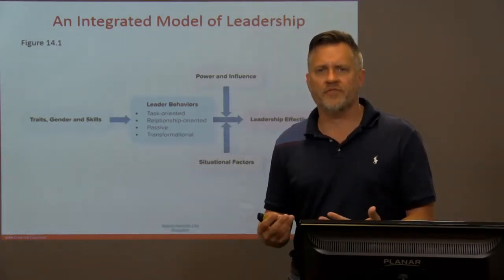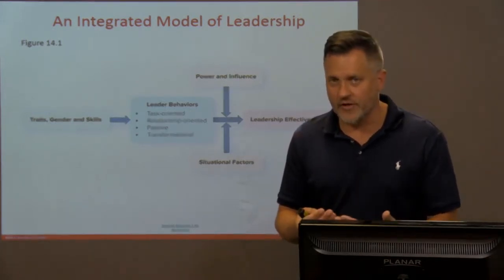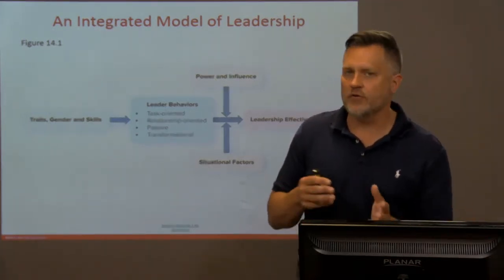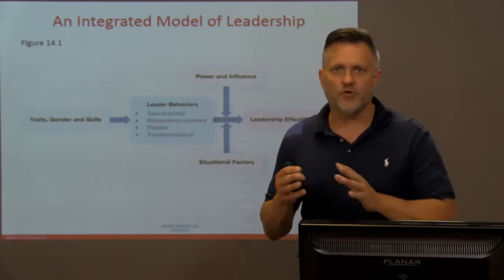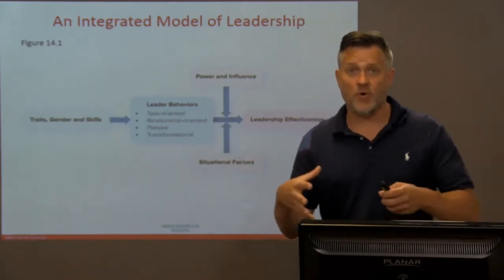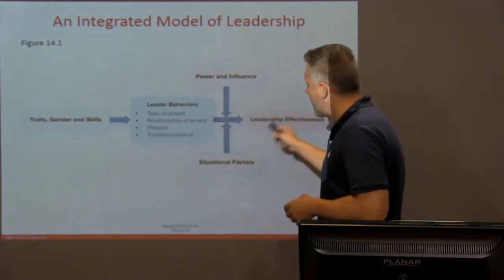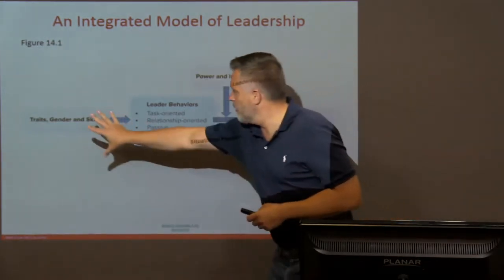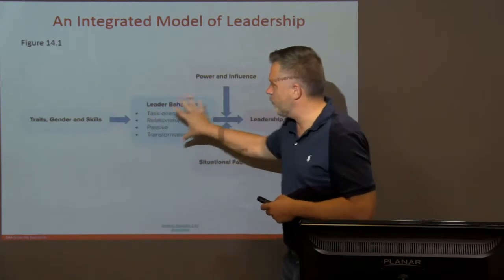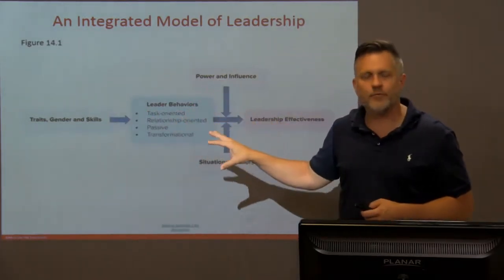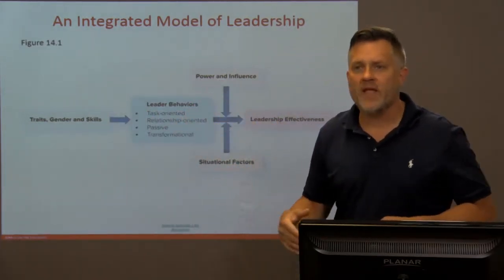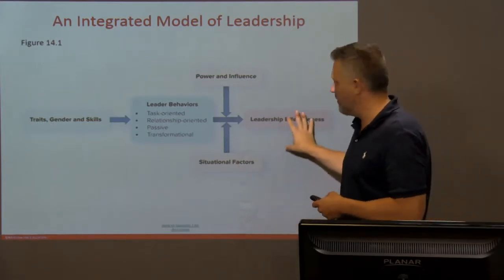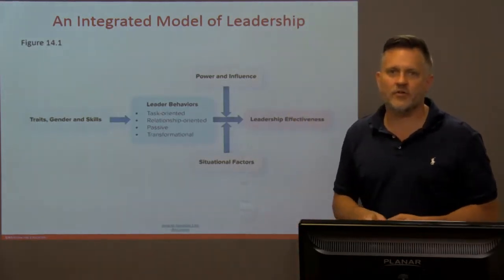So what are those situational factors that could lead to leadership effectiveness, and how could leaders change their styles or their behaviors to better fit the situations they find themselves in? And all of this, of course, leads to leadership effectiveness. So we're looking at it going left to right, understanding these different perspectives of leadership and how all of those have contributed to leadership effectiveness over the years.